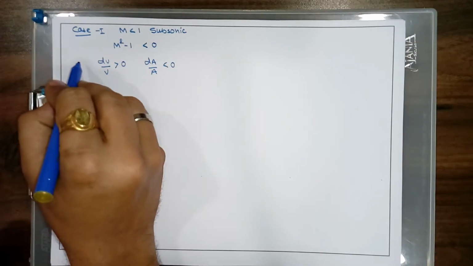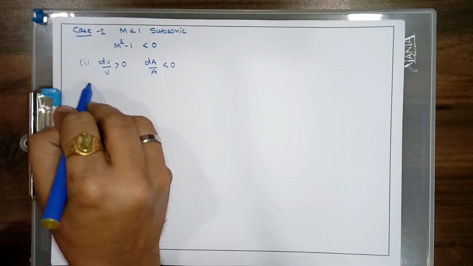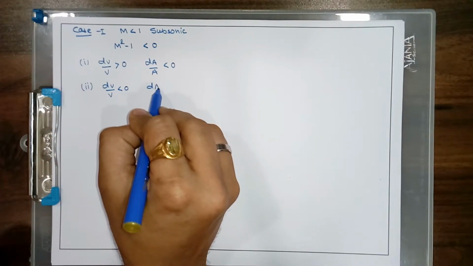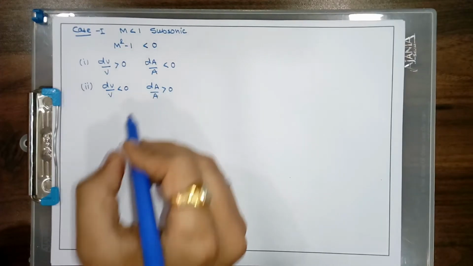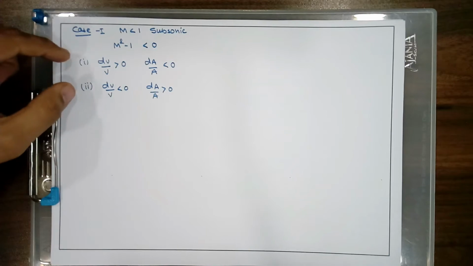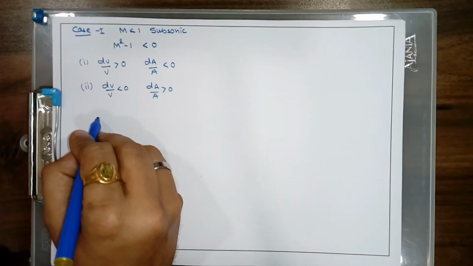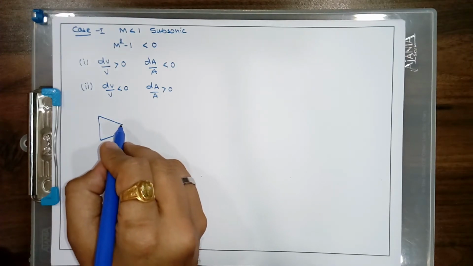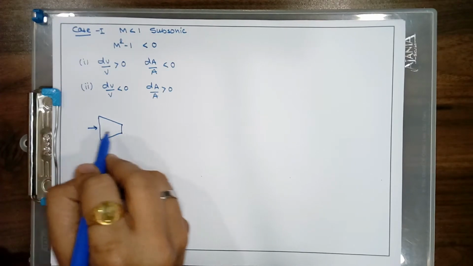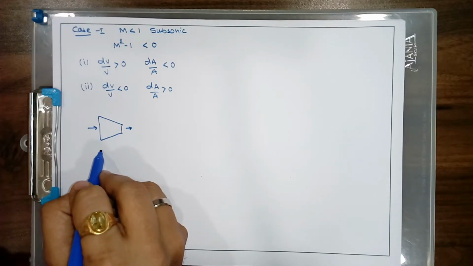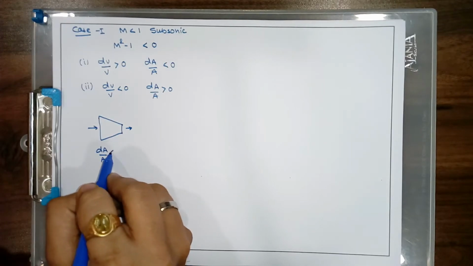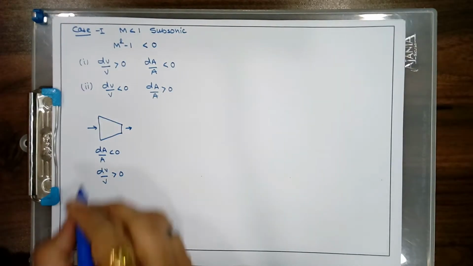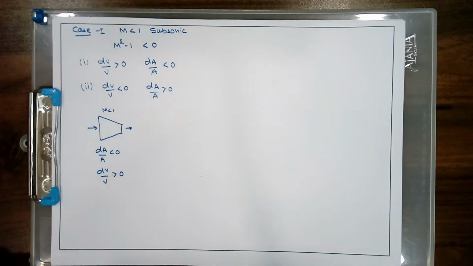Similarly, in the opposite case, if dV by V decreases, dA by A increases. If we do the graphical representation of these two cases, suppose I have this kind of convergent nozzle and the flow occurs in this direction. So dA by A is less than 0 and dV by V is greater than 0 when Mach number is less than 1.